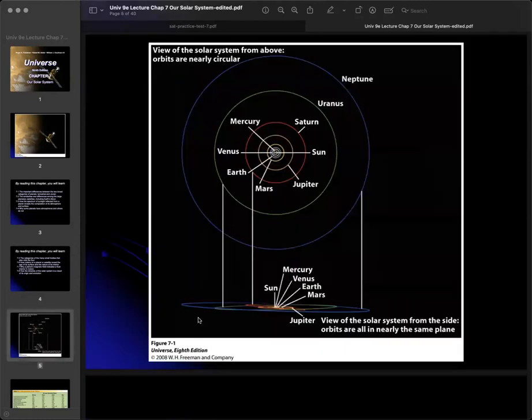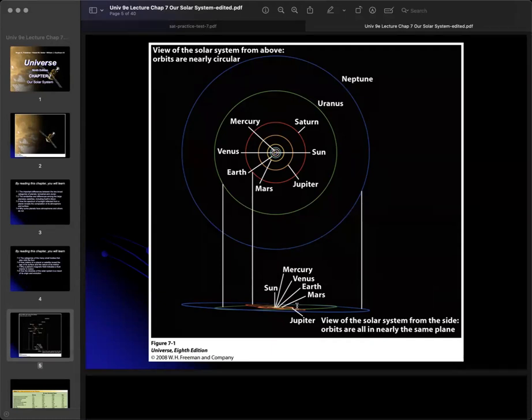First, let's look at the overall structure of the solar system. Here are the orbits of the 8 planets: Mercury, Venus, Earth, Mars, Jupiter, Saturn, Uranus, and Neptune.